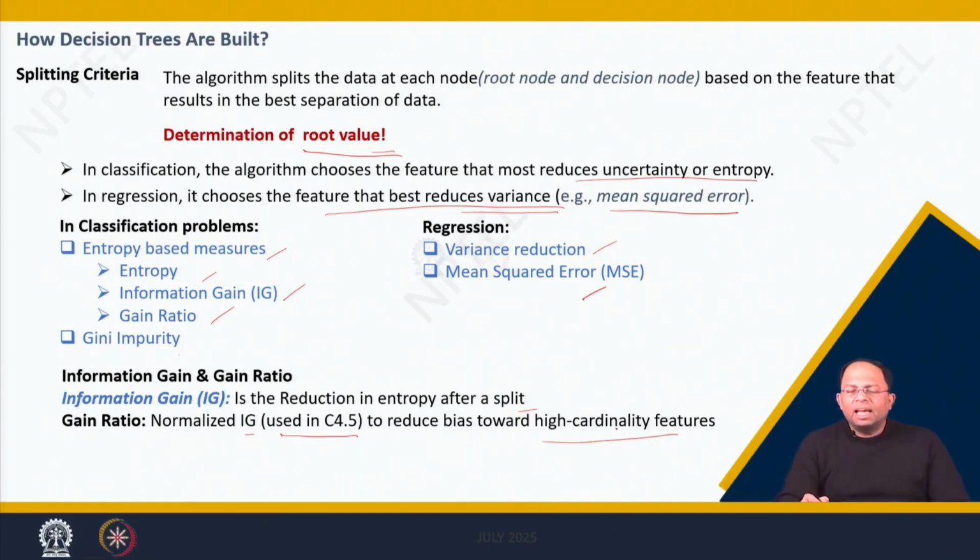That means in case I have high cardinality features, such as multiple classes for every feature, that would have an effect, because then those would be chosen faster. So to normalize that effect, I will go for the gain ratio instead of pure information gain.